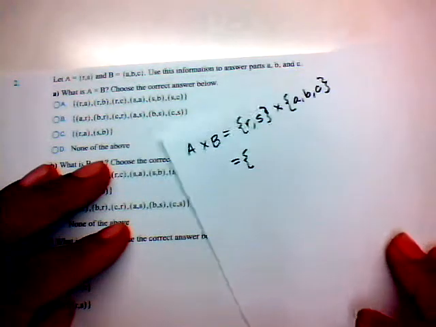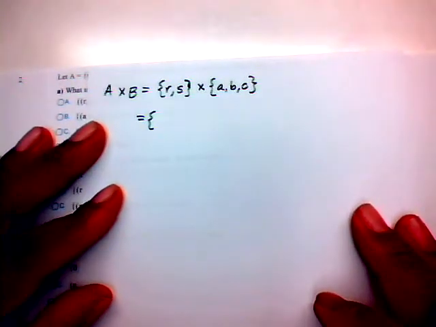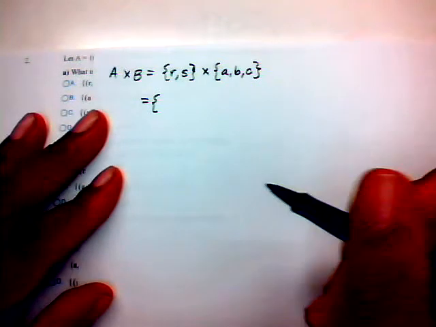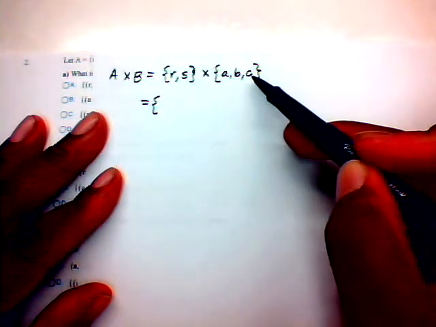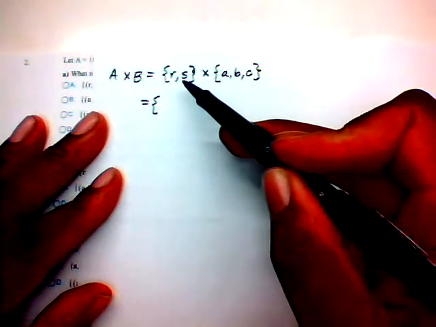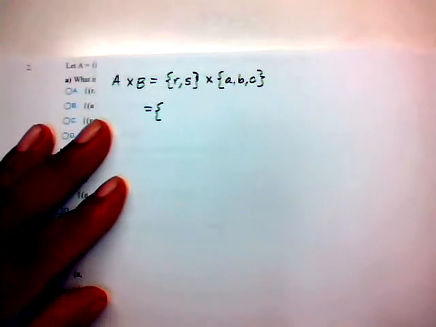And to do that, we use ordered pairs. That means the first element is going to be paired with each and every element of the second set. The second element in the first set will be paired with each and every element of that second set.